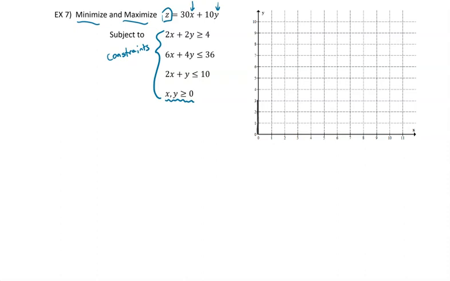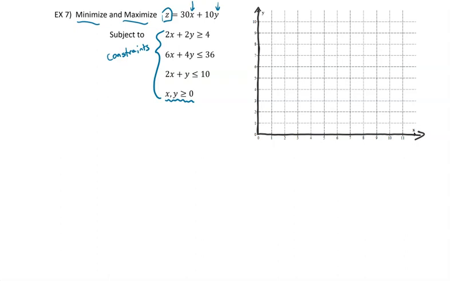Now keep in mind we do still have this last one, which on our graph is just going to be, again, the x and y axis, and it says that we're in the first quadrant. But specifically, whenever we start talking about minimizing and maximizing, it specifically means that x and y both need to be positive numbers.